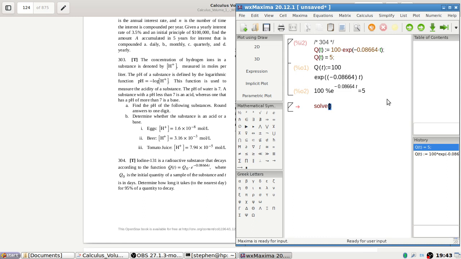Solve percent. It's funny you put the percent in here. Oh yeah, because it's E percent of 2. Now, what's the unit here? Days, okay.